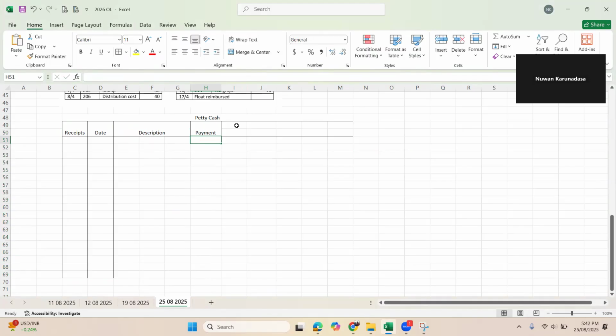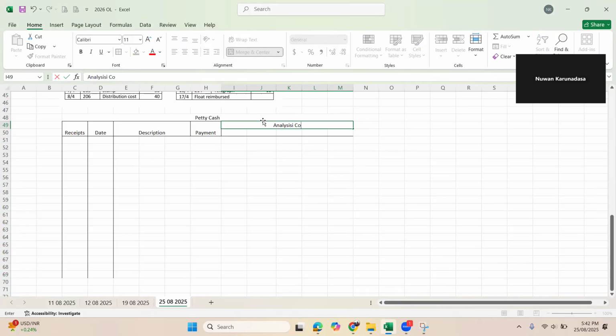Then here I am using some analysis columns. The payments will be analyzed, right?